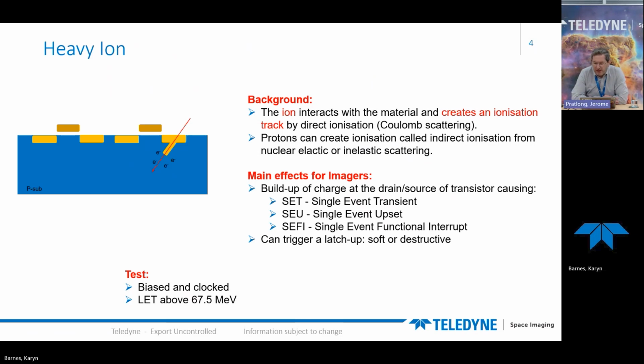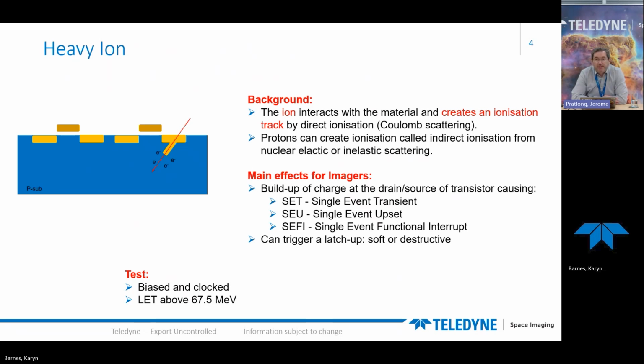The interaction of an ion with the material creates an ionization track by direct ionization. It is the Coulomb scattering. The main effect on an imager is the buildup of charge at the drain and source of a transistor, and that can cause three types of non-destructive effects: SET, single event transient; SEU, single event upset; and SEFI, single event functional interrupt.